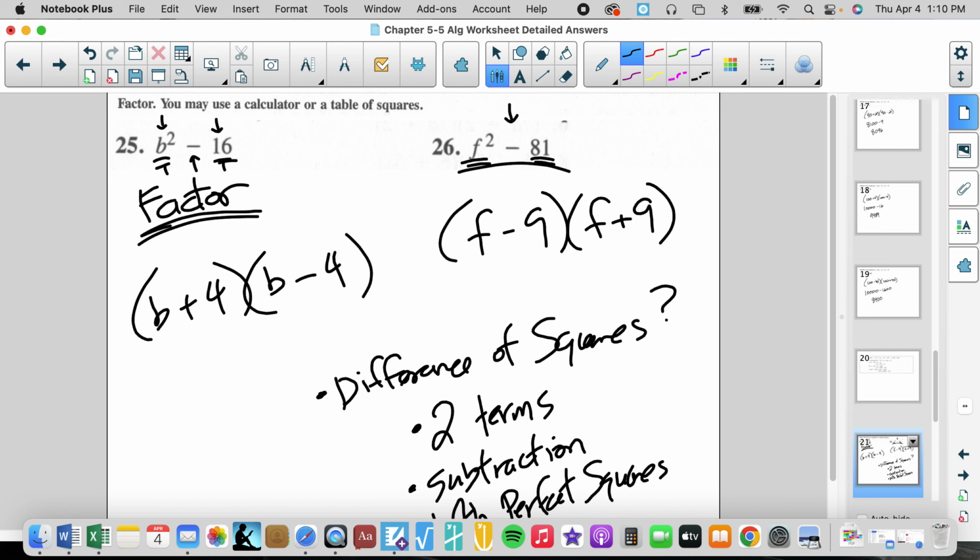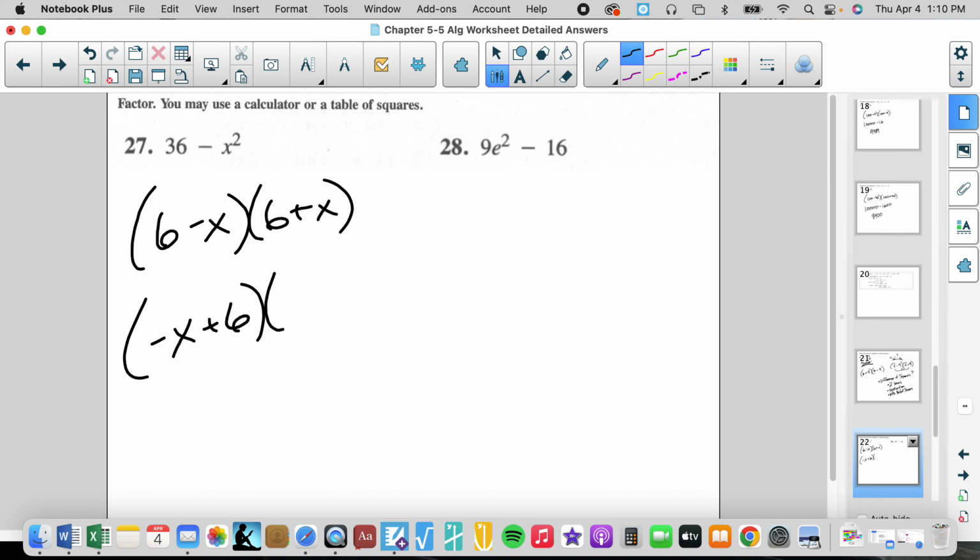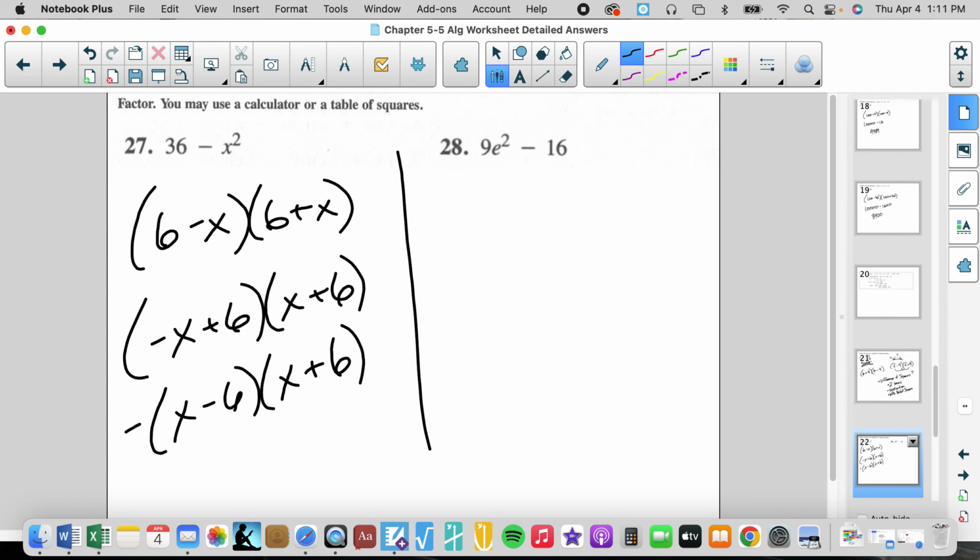See, there's two terms because our outside and inside cancel, hence why there's only two terms. So 6 minus x, 6 plus x, I would rewrite it, negative x plus 6, x plus 6. I don't like this. I would have factored out a negative, and this is my final answer. That's kind of technical. It's more high schooly than anything.